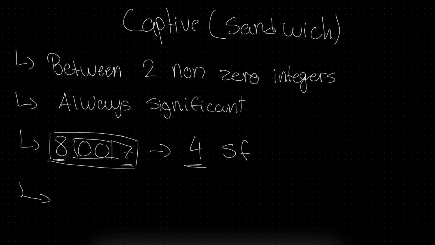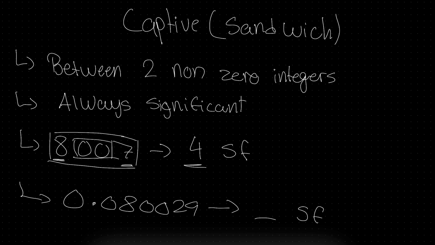Now your turn. Try 0.080029. How many significant figures does this number have? And remember leading zeros as well. Feel free to pause the video. Alright, hopefully you got 5 significant figures. Now why is that?